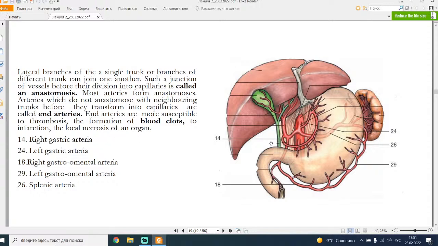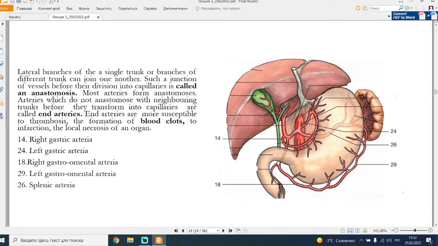What you see, right gastric artery. This is left gastric artery. It is an anastomosis between arteries.